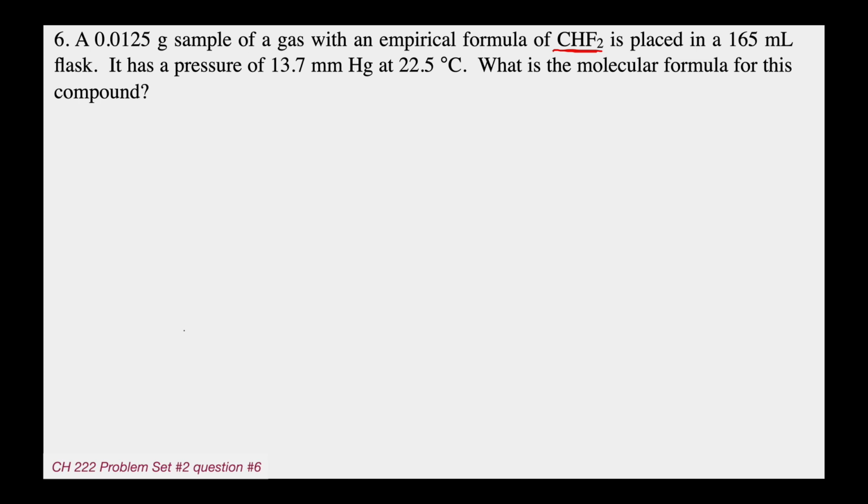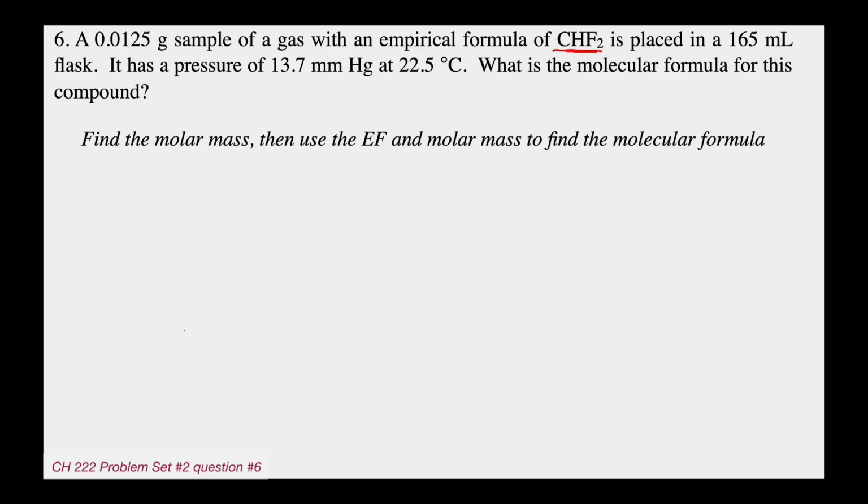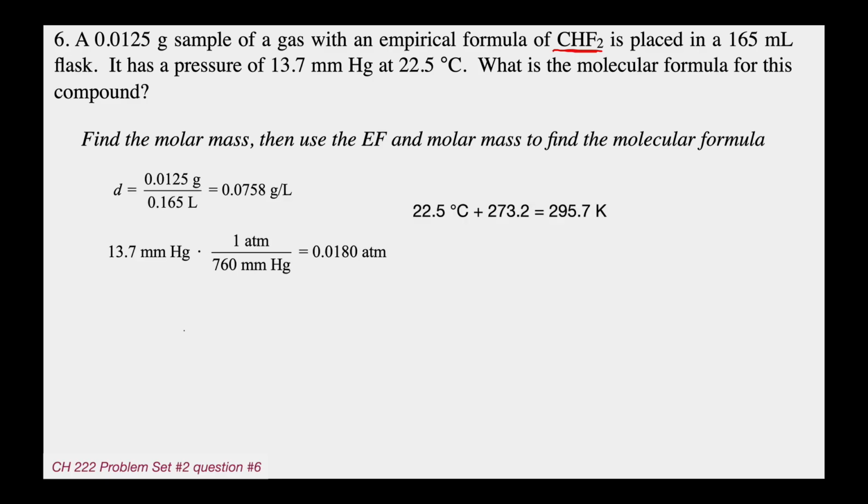So let's do this. First of all, we have to find the molar mass, and there's different ways to do it. You could use PM equals DRT. You could also solve for moles first, n equals PV over RT, and then grams per mole, and it really doesn't matter which way you do it. In this problem, I decided to try and do the molar mass from PM equals DRT.